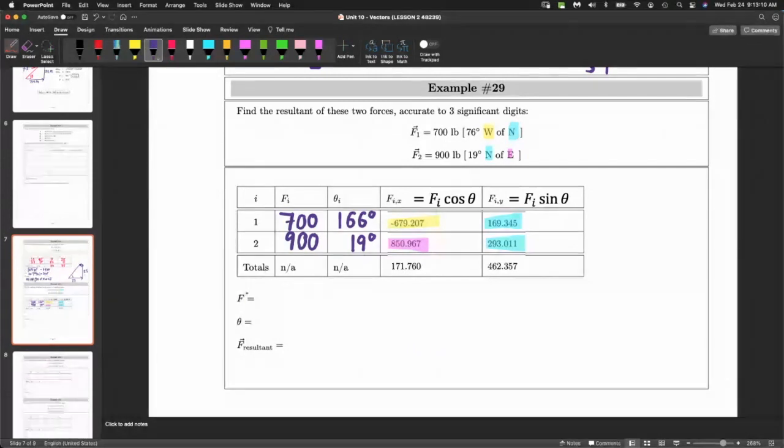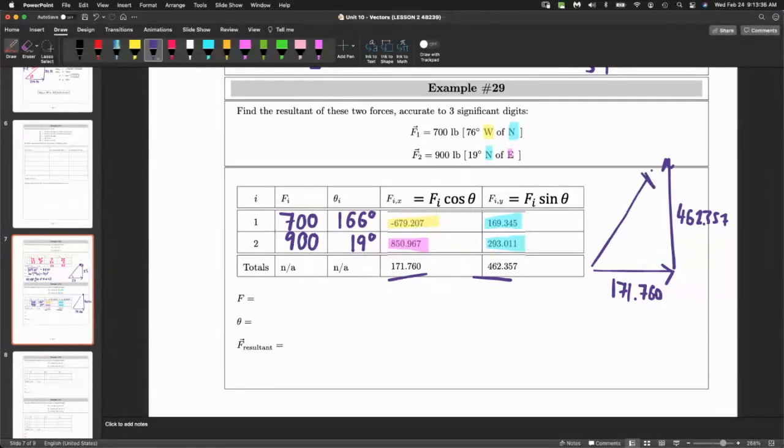So how do we get the magnitude of the resultant vector? Let's draw a picture here. We have these two vectors, which are the total of the x and the total of the y. This is 171.760, and this is 462.357.